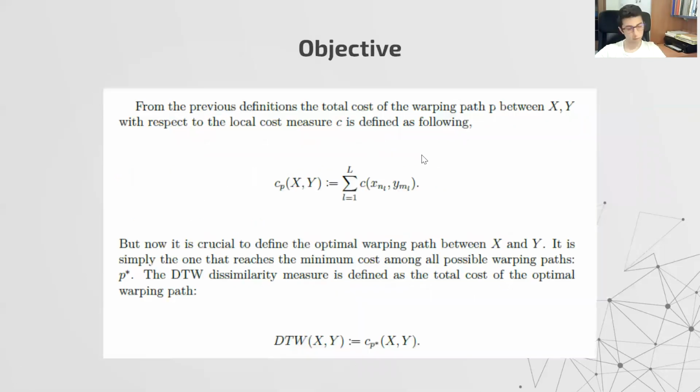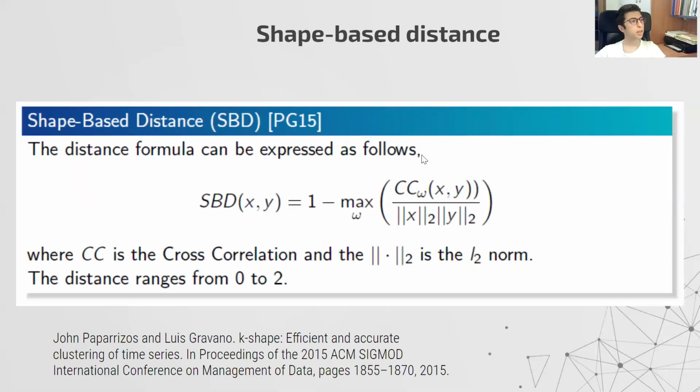So this second shape-based dissimilarity considers not this approach, but the one based on the cross correlation. This distance ranges from 0 to 2, and considers the max cross correlation between two time series divided by their norm.